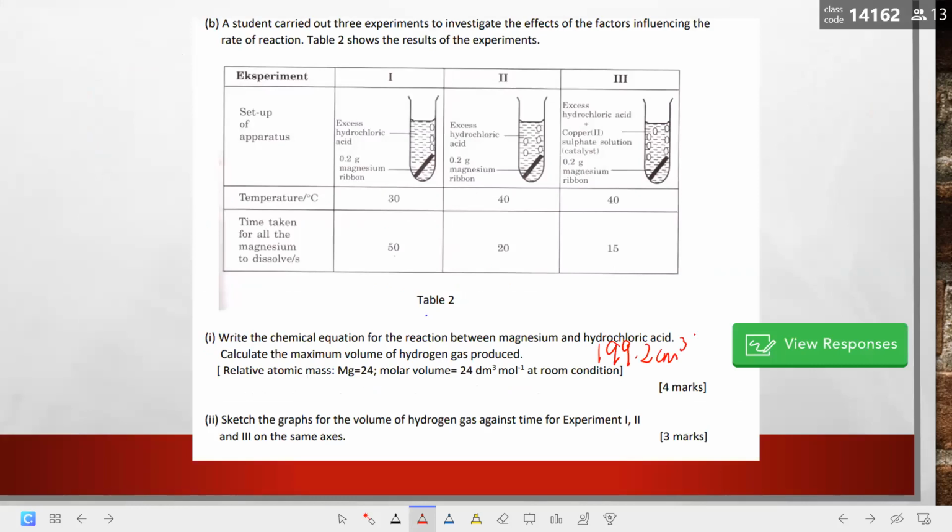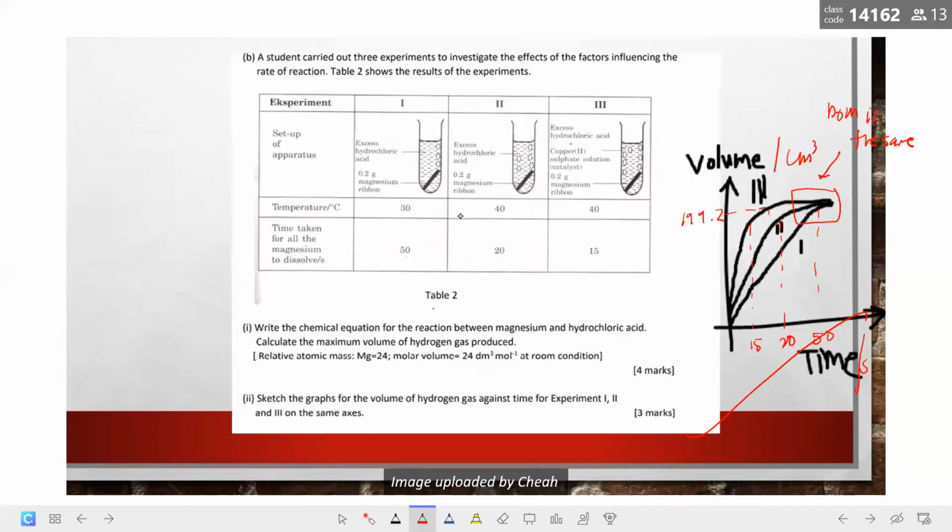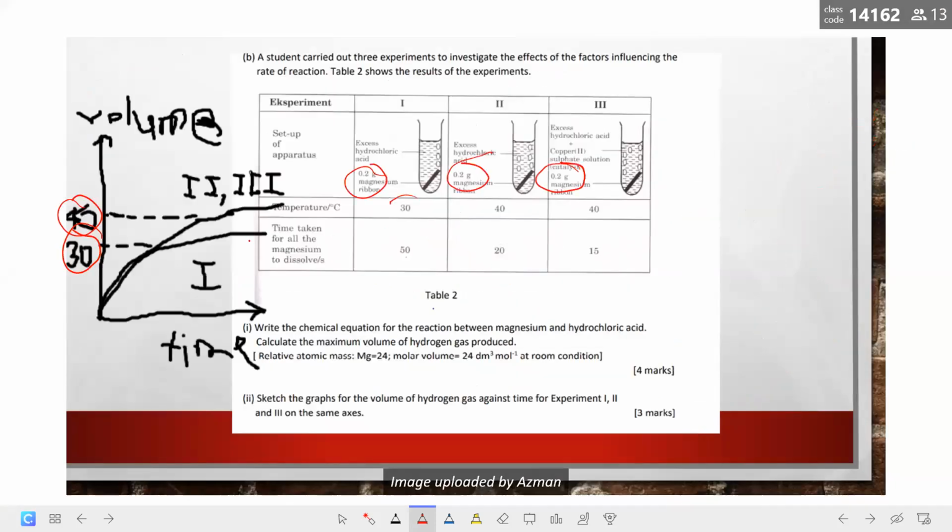So each of them, experiment 1, experiment 2, experiment 3, they all have the same volume of gas. So actually all of this must meet up. And then experiment 1, why is it going higher? Why is experiment 1 higher than experiment 2? And why do experiment 2 and 3 have one line? It must have each one line of their own.